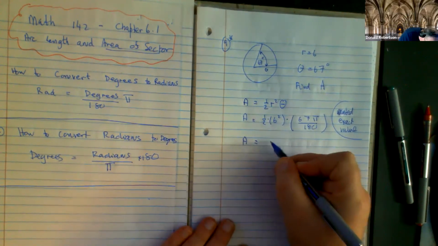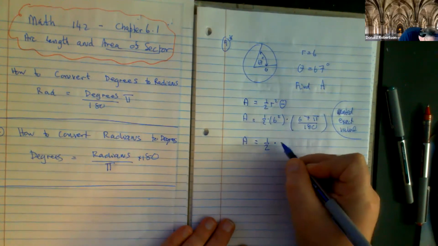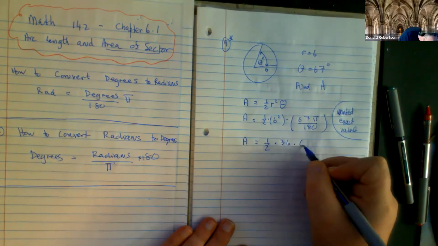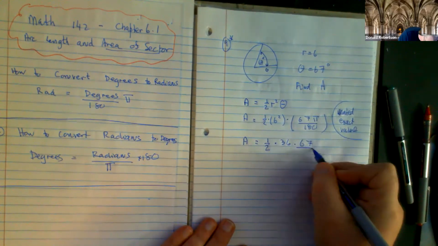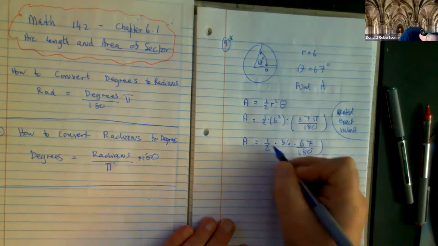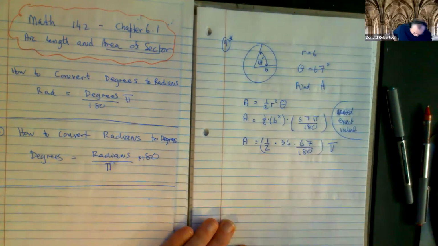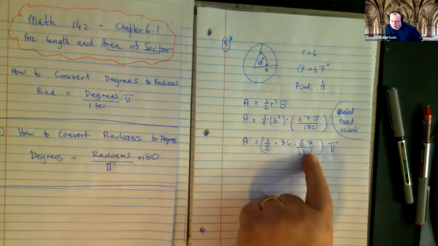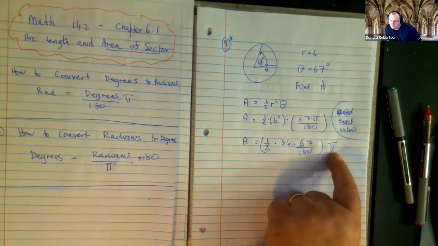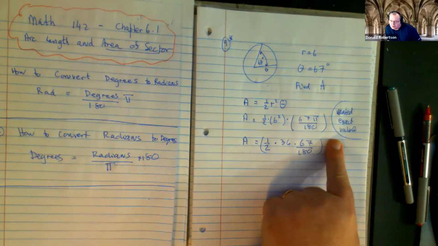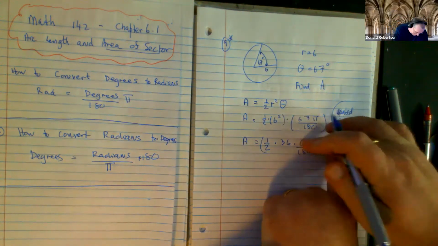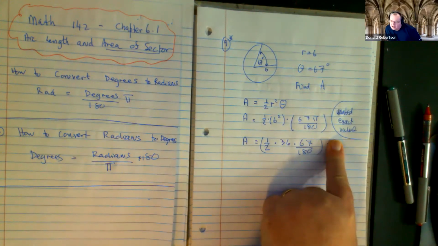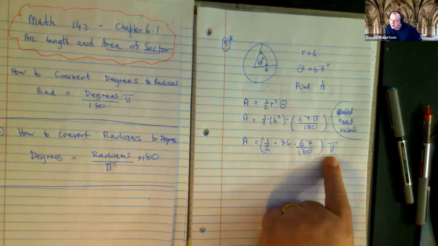So I'm going to do it like this. It's a half times 36 times 67 over 180 pi. What I've done is I've taken all the bits that are numbers and separated the pi. So this part on the left, that's the part I'm going to do the calculation for and then tag a pi on at the end.